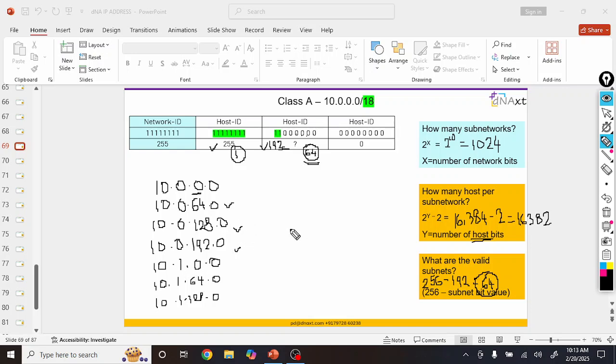This will go on and we will get a total of 1024 subnetworks. The 1024th subnetwork, that means your last subnetwork will be 10.255.192.0.